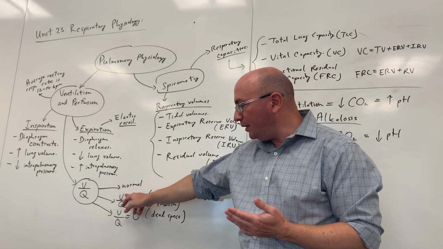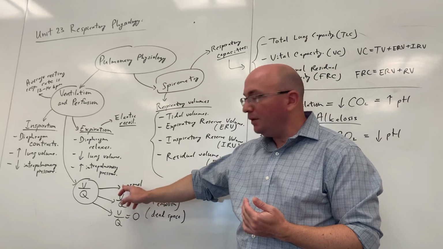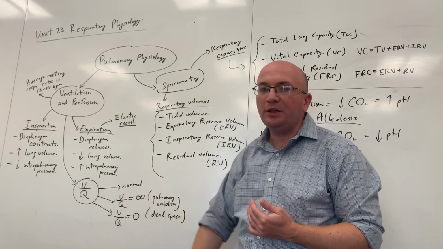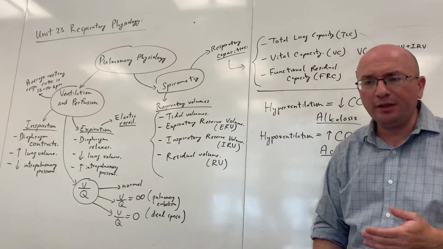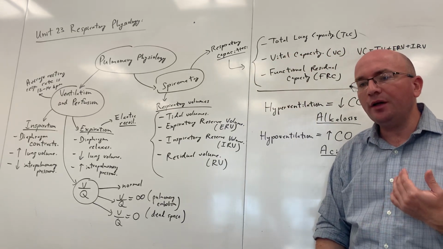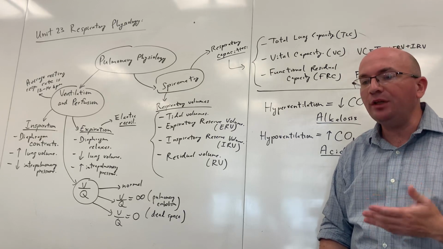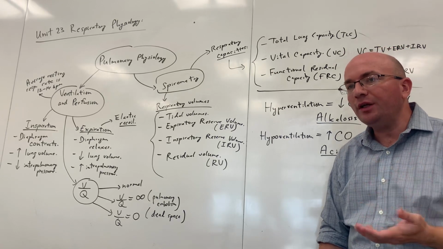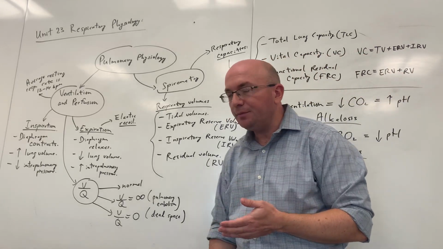Ventilation is happening fine, but Q now goes to 0. Something over 0 basically becomes infinity mathematically, and so obviously this is a medical emergency, and usually a CAT scan or a VQ scan, basically a nuclear medicine scan, would be done here to assess that patient, and then treatment provided based on the findings.